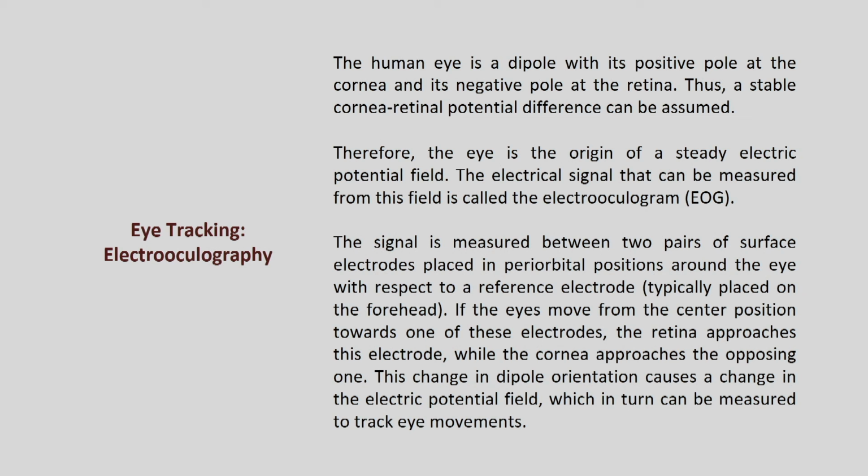The retina approaches this electrode, whereas the cornea approaches the opposite one. We will be able to record this difference and then measure it, and try to understand how the changes happen, how long they happen, and from where to where they happen.